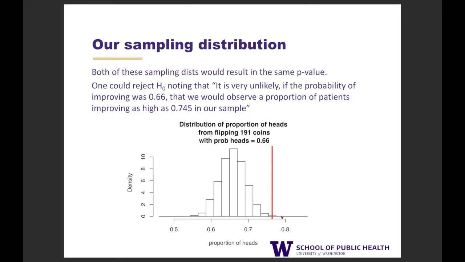It would result in the same very small p-value, and in general, we'd have to state the level and then actually calculate our p-value, but we could generally reject the null hypothesis here, noting that if the true probability of improving was 0.66, it's very unlikely that we would observe a proportion of patients improving as high as 0.745 in our sample. 0.745 is statistically significantly bigger than 0.66 based on observing flips from 191 coins.